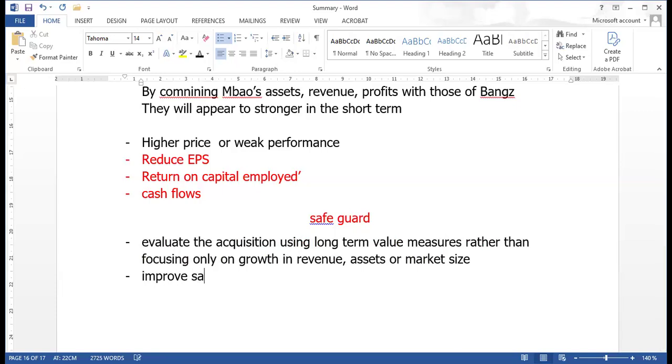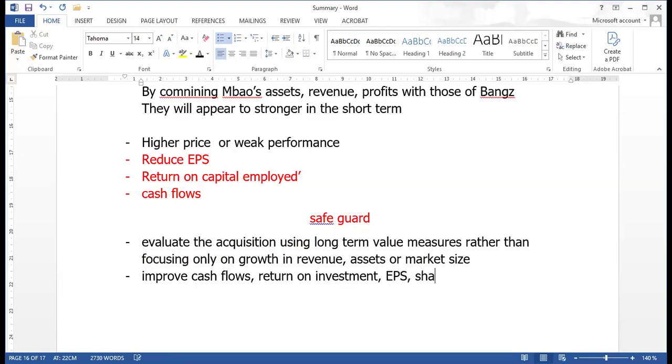What are the expected cash flows? What is the expected return on the investment? What is the expected EPS?